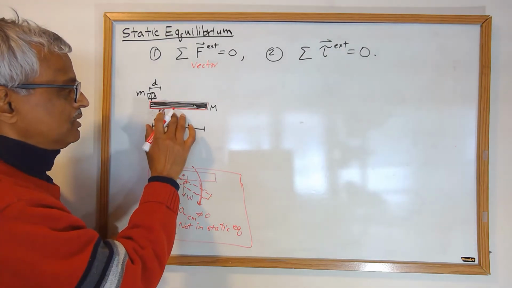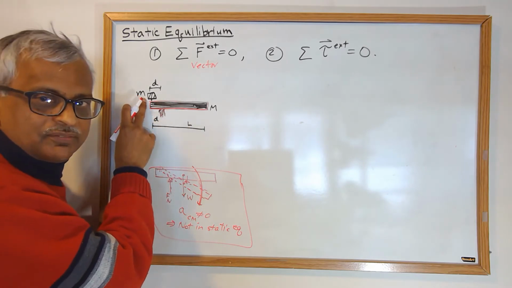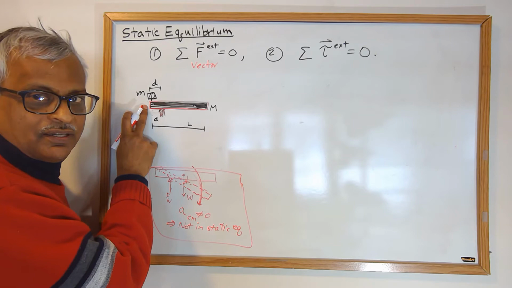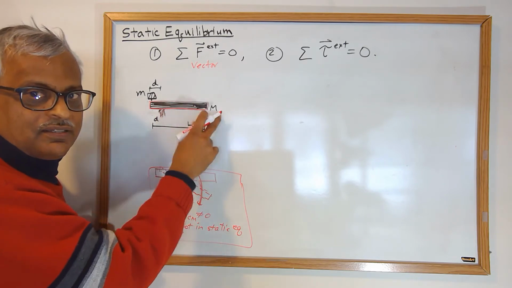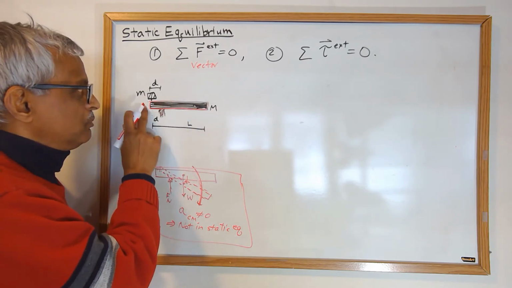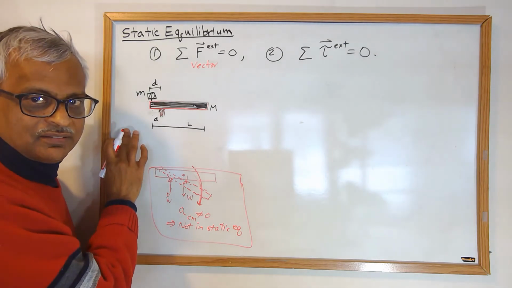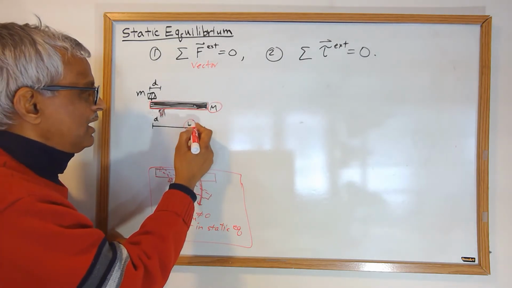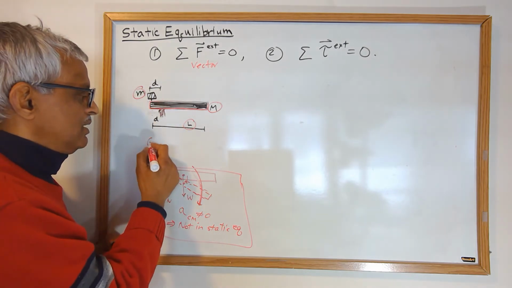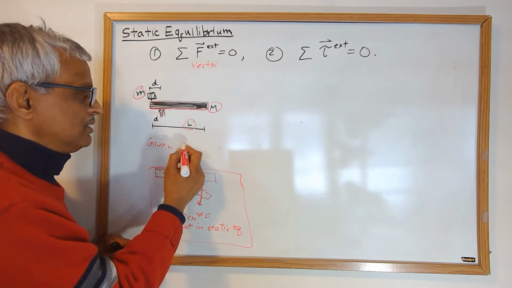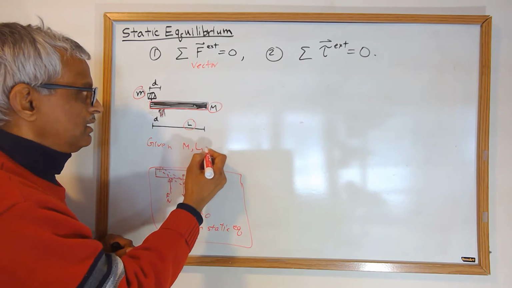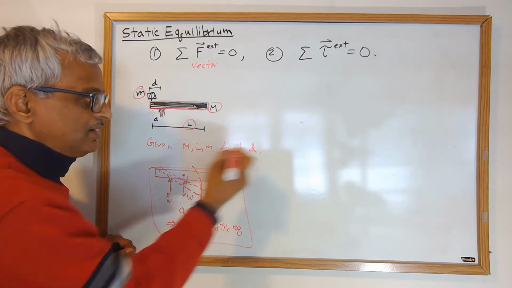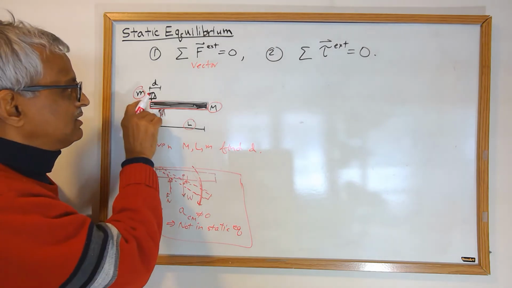So this board has some weight sitting on this side, and it is claimed to be in static equilibrium if the distance d is correct. So given m, L and M, we're supposed to find the critical distance at which I should place this block.